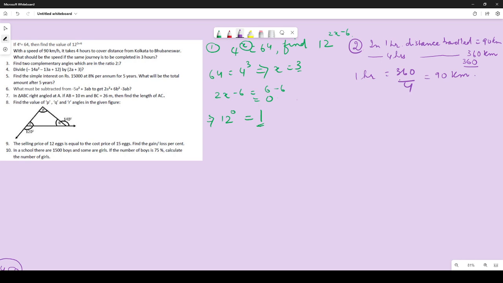We already said that. So if we need to finish it in 3 hours, we will need to take this 90 kilometer speed into 4 hours by 3. So total distance, which is 360, divided by 3, makes it 120 kilometers per hour. That is how you end up with the correct answer.